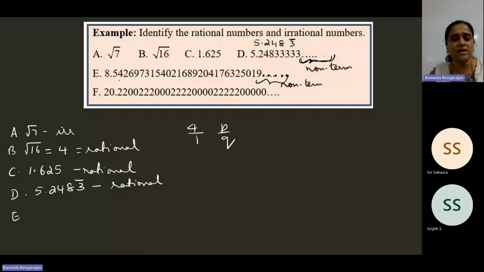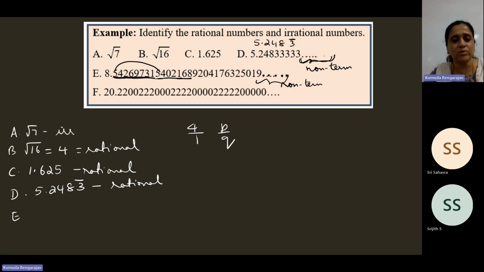5426973154021. You can see this 5, it repeats. After 5 here, you can see 5 repeats here. But here it is 54269. Here it is 54021. No. See this digit 5, then 5, 4, 2, 6, 9, 7, 3, 1, and then again this digit 5 repeats. But you can see what follows that: 4, 0, 2, 1.